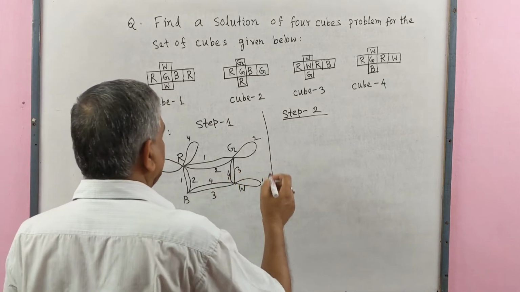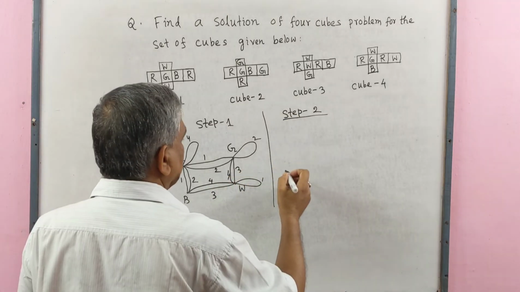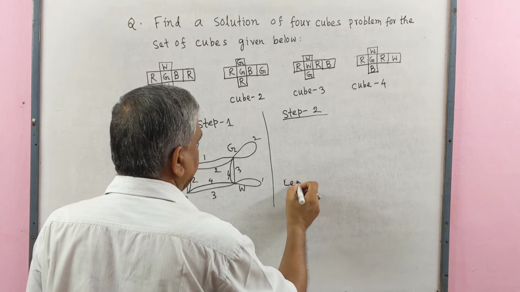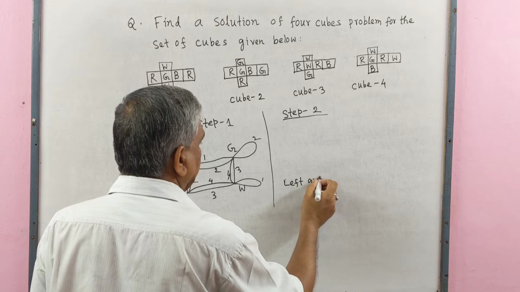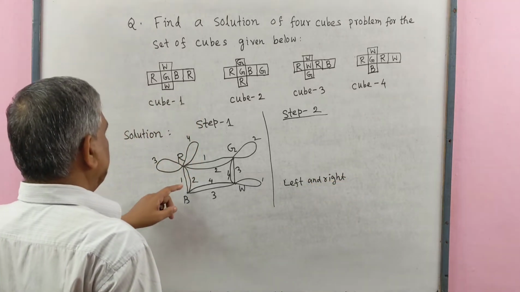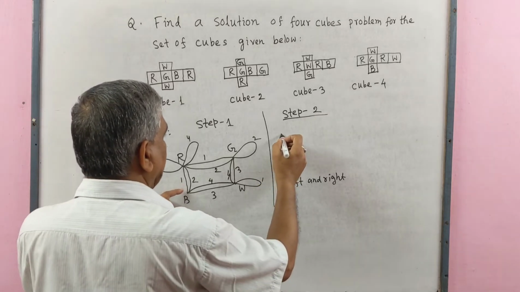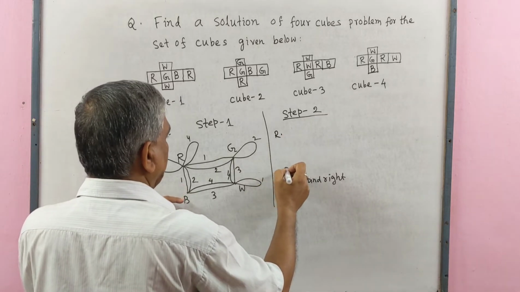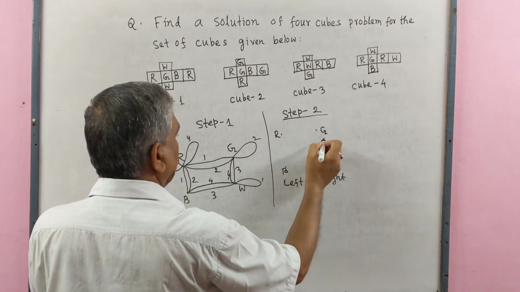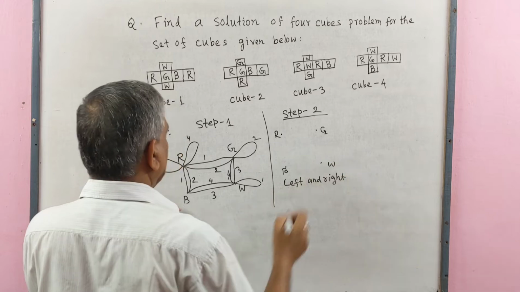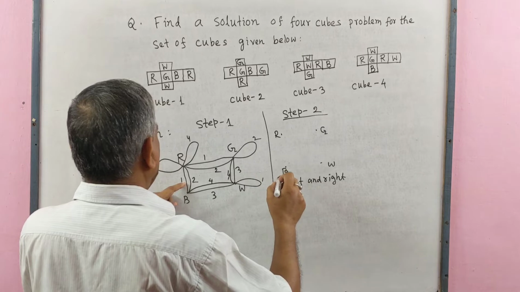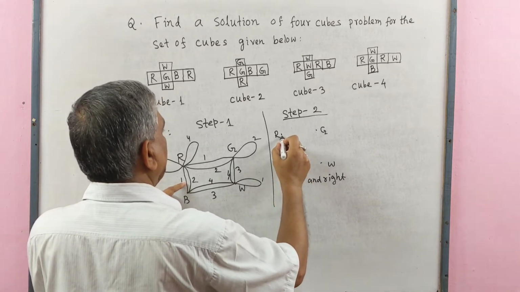So we write here left and right subgraph. If we take this color R, B, G, W. So if we take here 1, B and R, we take 1.